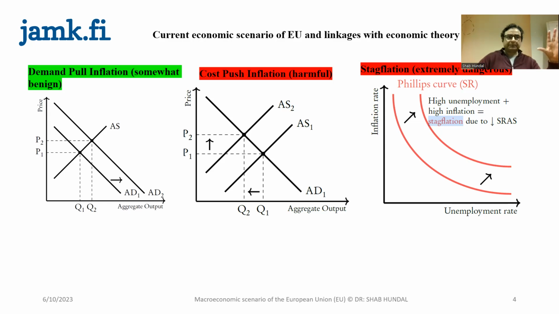But we see that the inflation in the EU at the moment is not demand pull, it is cost push inflation. And as a result, there is a further increase in unemployment along with the further increase in inflation.